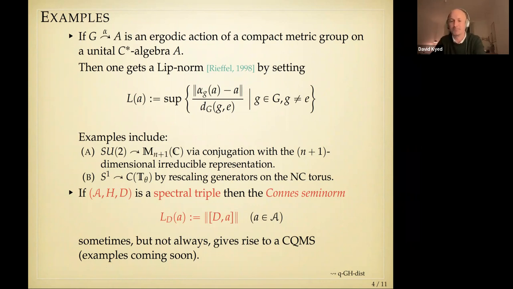And this is, I think, wide open. I'll give you some examples where this is the case, but one reason why this could fail is that the Dirac operator could simply commute with more than just the identity. You can cook up examples where this is the case, and you can show that if you do have a quantum metric structure, then actually the only kernel of the semi-norm is the scalar multiples of the unit.